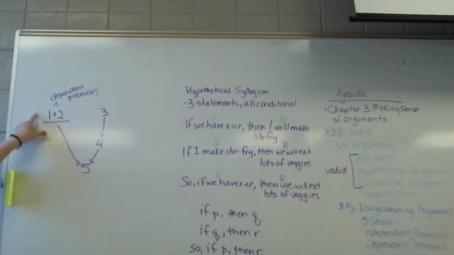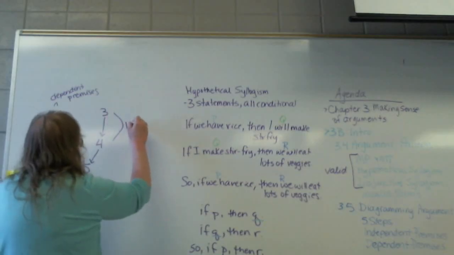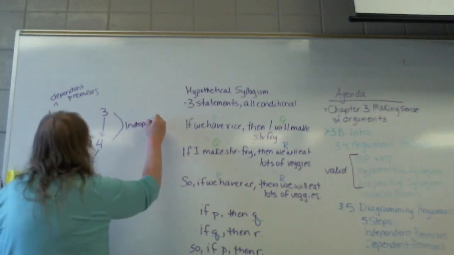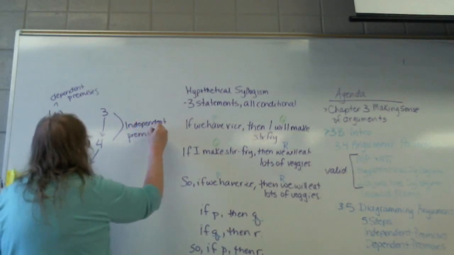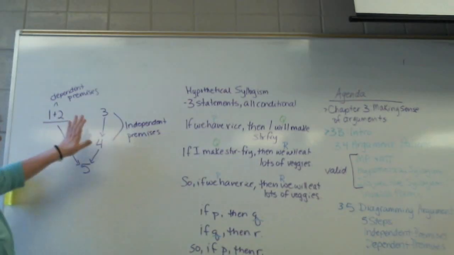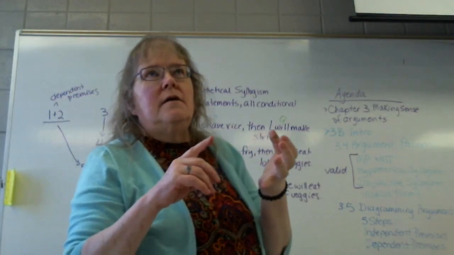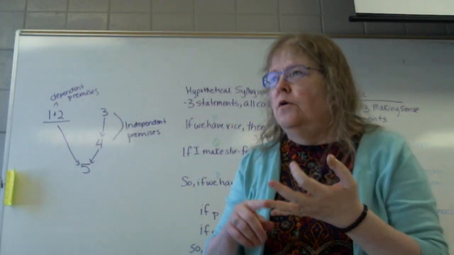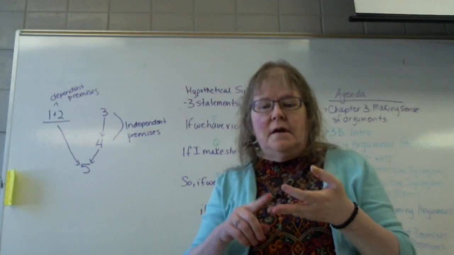And you have dependent premises, and you have independent premises. And really the big difference here is that independent premises are not impacted by the truth or support of another premise.